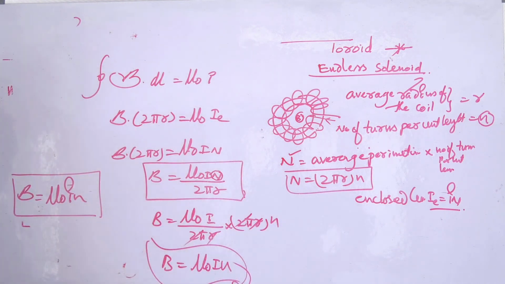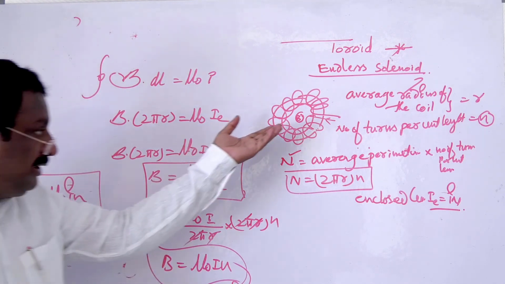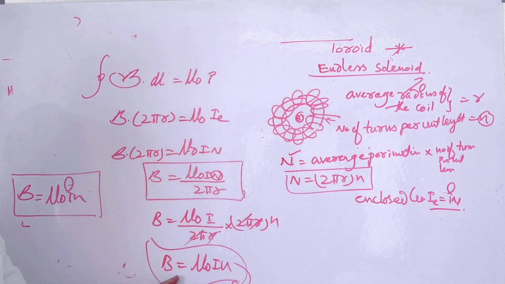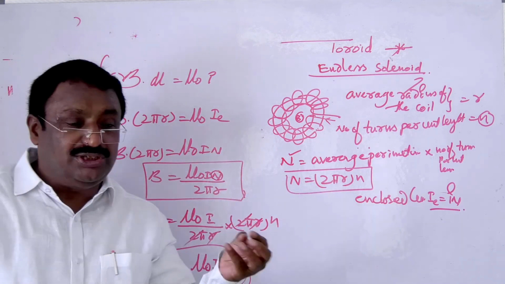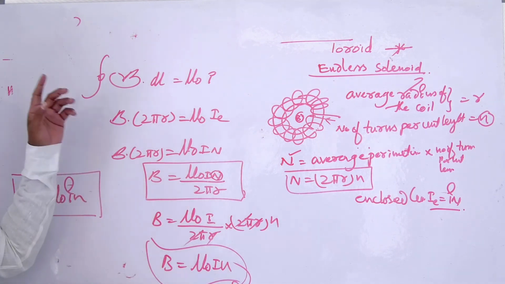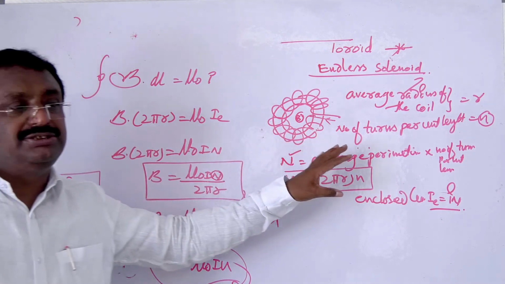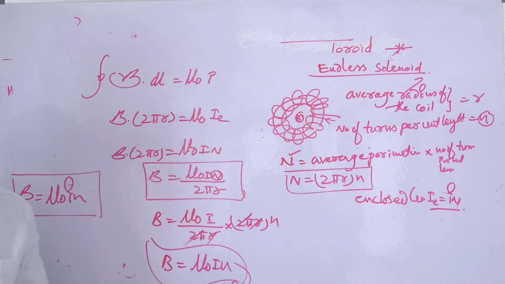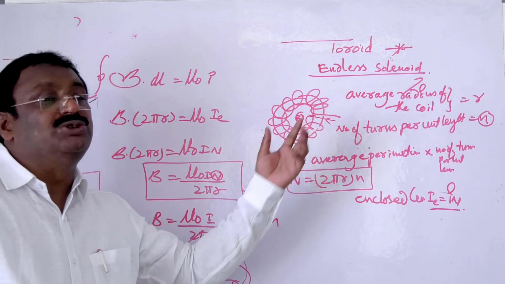Both are the same. The magnetic field produced in a solenoid and the magnetic field produced in a toroid are both equal, mu naught I n. So what is the specialty? Solenoid and toroid both produce the same amount of magnetic field, uniform and strong. But as compared with a solenoid, a toroid has less volume, less weight, and less noise pollution.